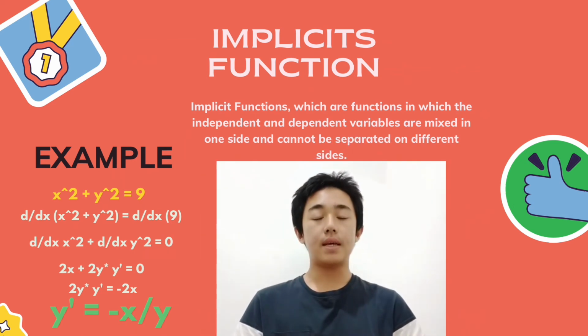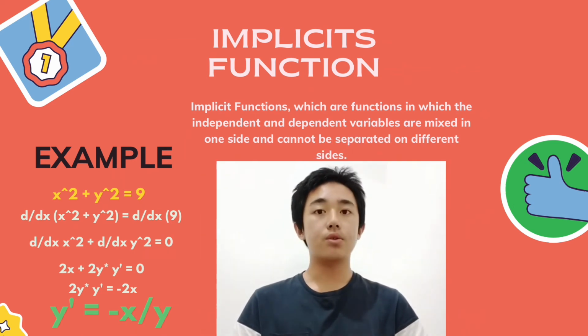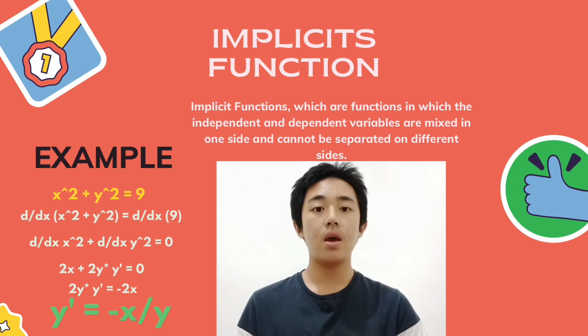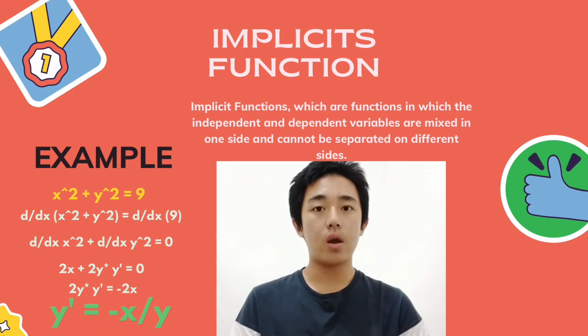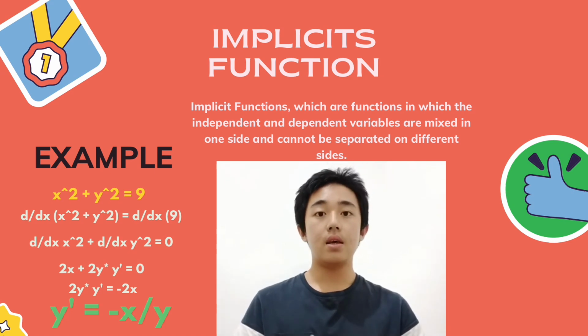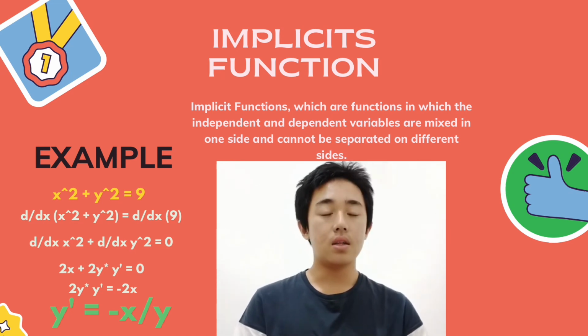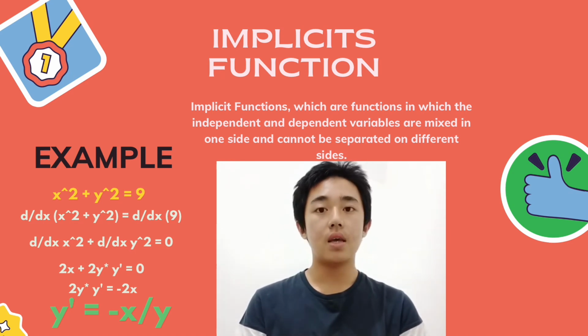Implicit function. The example is x squared plus y squared equals 9. So what we do is we put brackets on both sides, like d with respect to x in brackets of x squared plus y squared, and close the brackets, and then equals the derivative with respect to x of 9.